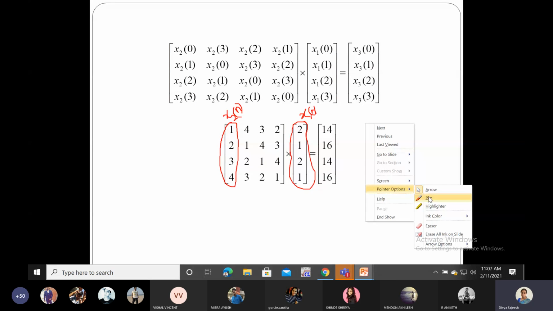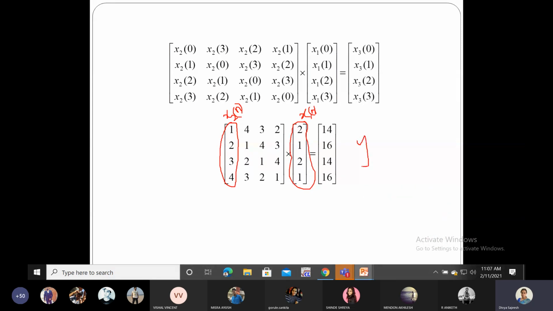So finally you write y of n is equal to 14, 16, 14, 16.